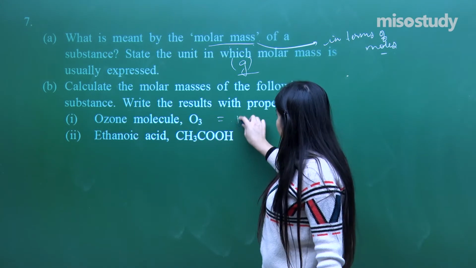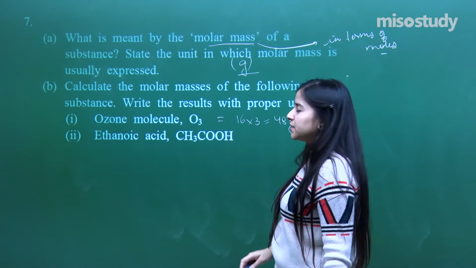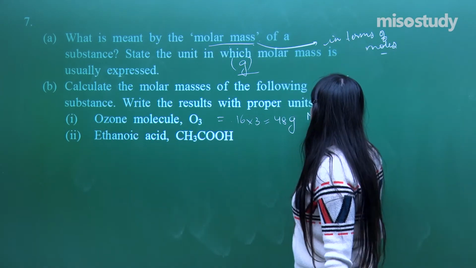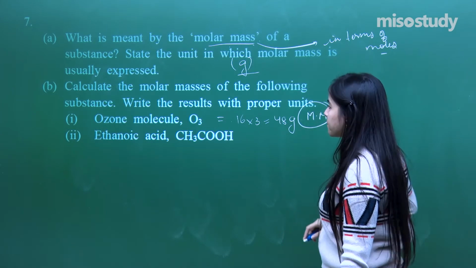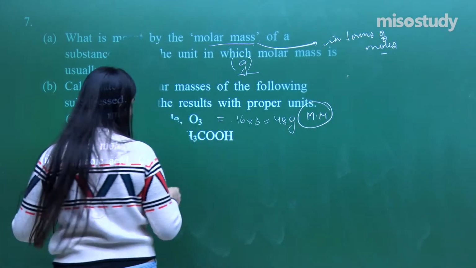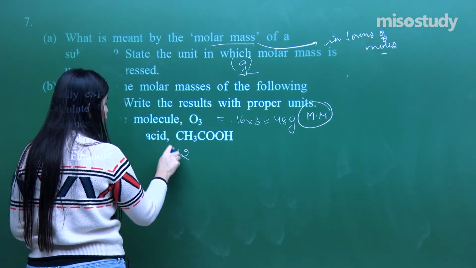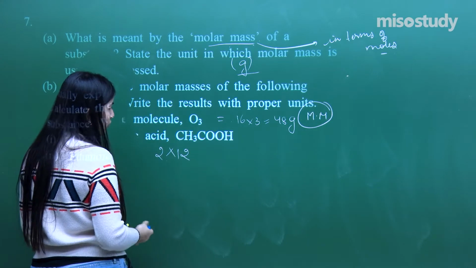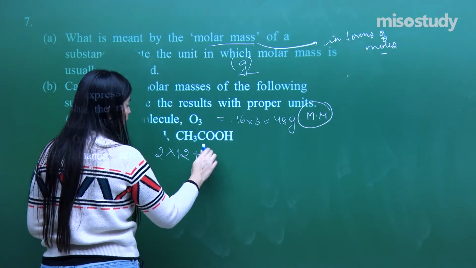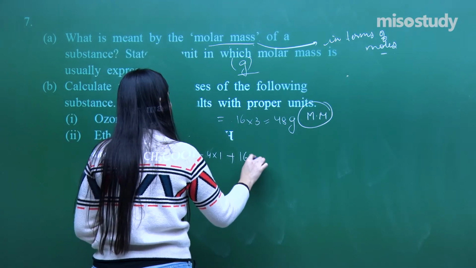1 oxygen 16, so 16 into 3, 48 grams, right? That is the molar mass. We can also write MM over here. Ethanoic acid, simple, see here, 12 into 2, that means 24, plus 4 into 1 for hydrogens, plus 16 into 2.